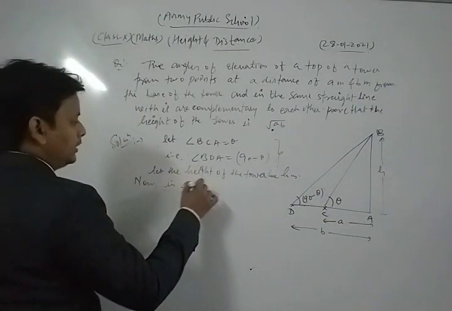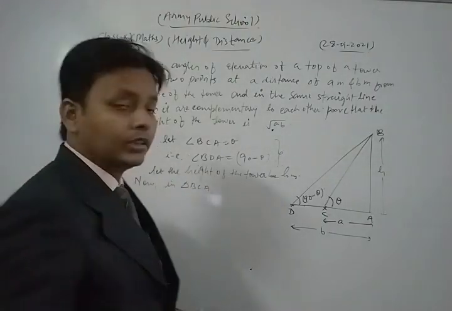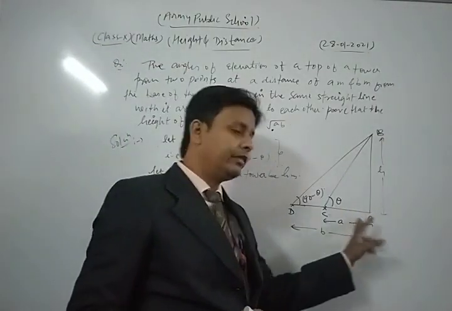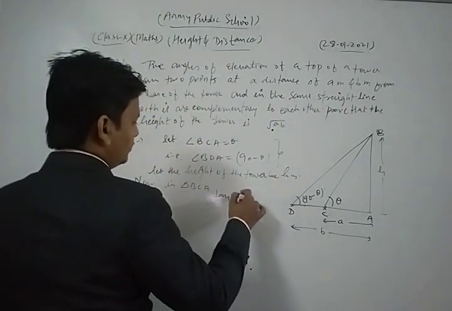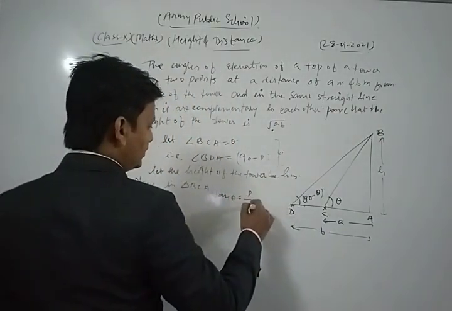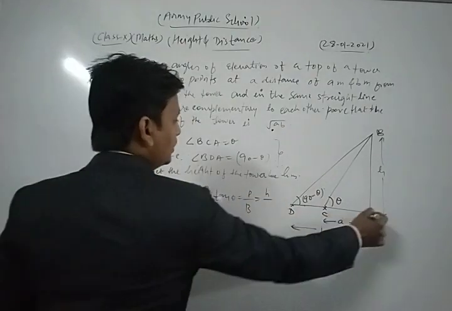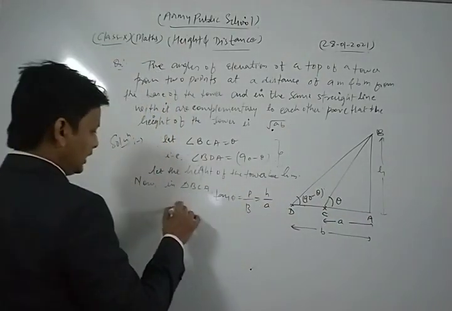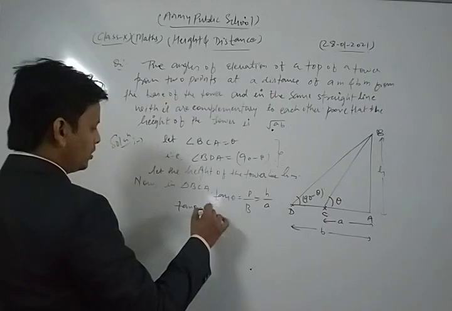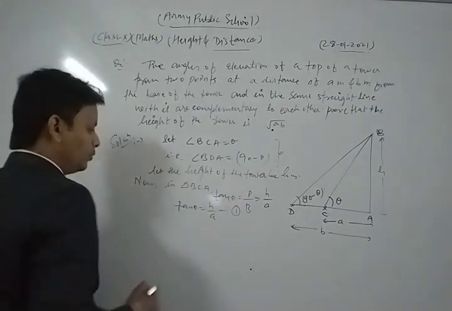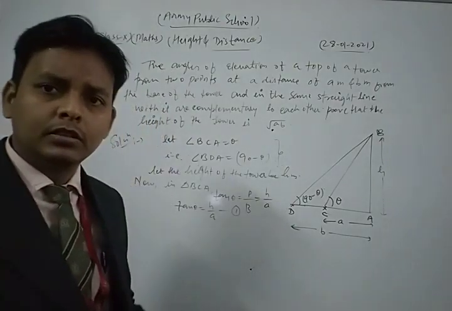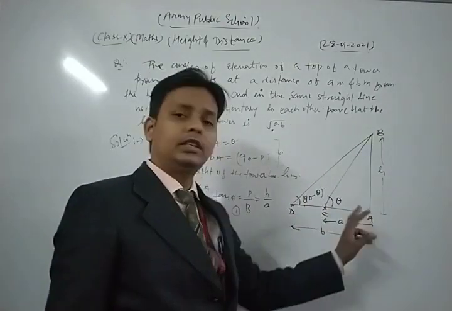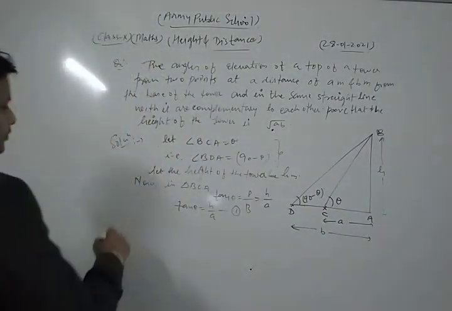Now in triangle BCA we apply tan. So tan theta is equal to perpendicular upon base, which is h upon a. So tan theta is equal to h upon a. We take this as equation number 1.